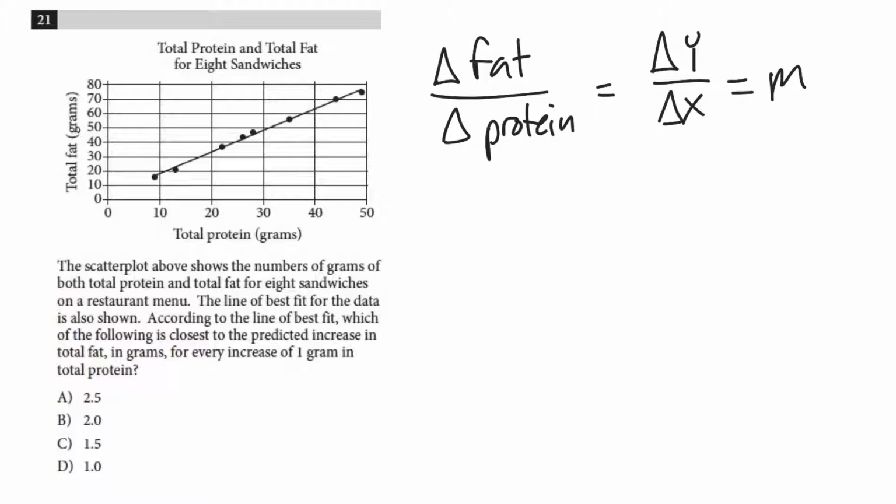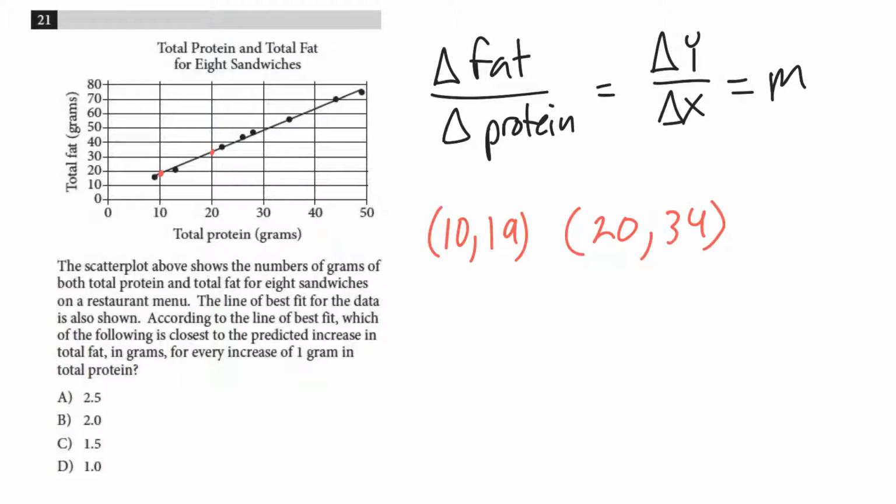Let's use a different color. Let's say this point, that's going to be 10, 19. And let's pick another point. Let's pick this point. That's going to be 20, and, gee, I don't know, 30, 34.